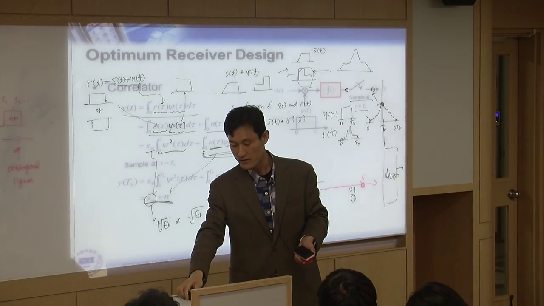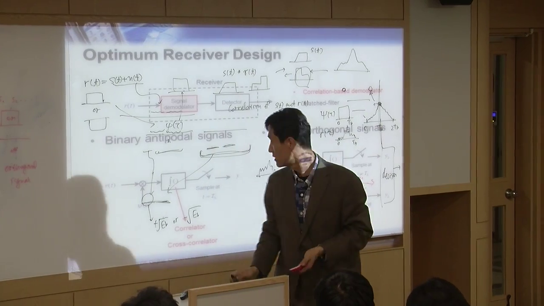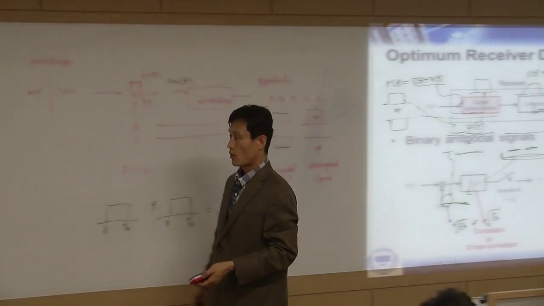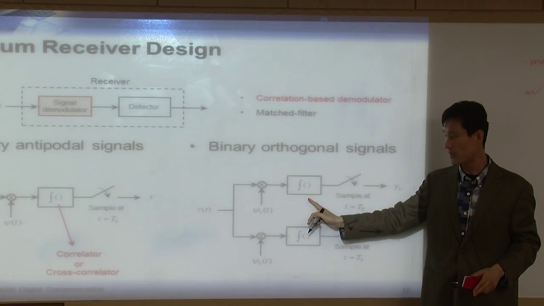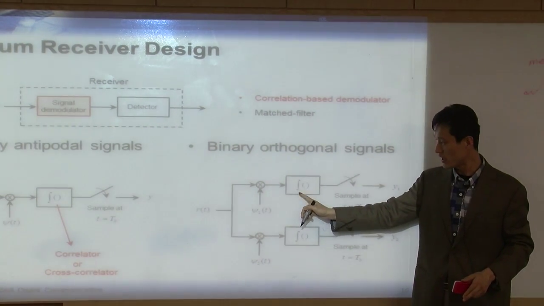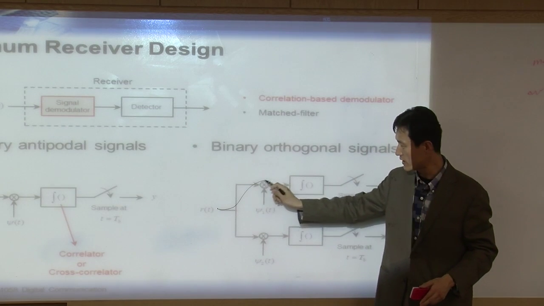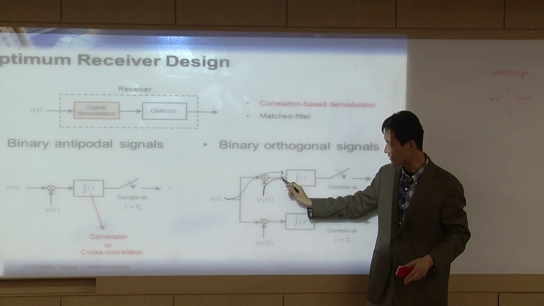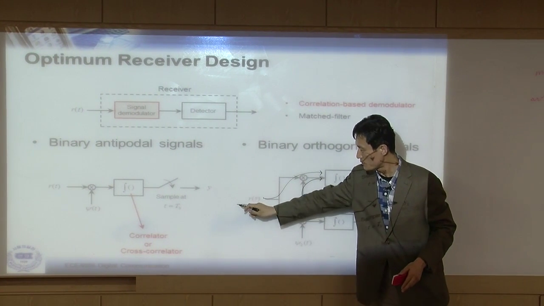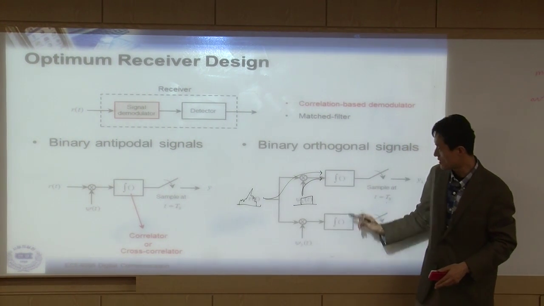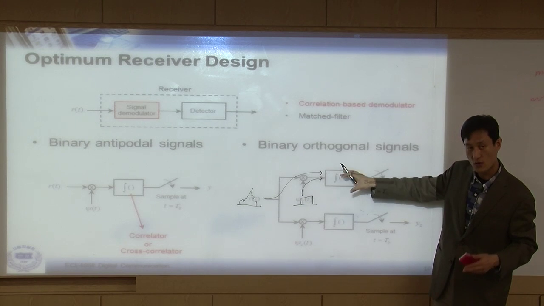That's the whole idea. So let's go back to the previous slide. What we just discussed is this part. Okay? We have one correlator here, right? Again, when you have this correlator, we have one input here, second input here. This input looks like a positive value. We have some noisy signal coming in. Then put that in here as a correlation.